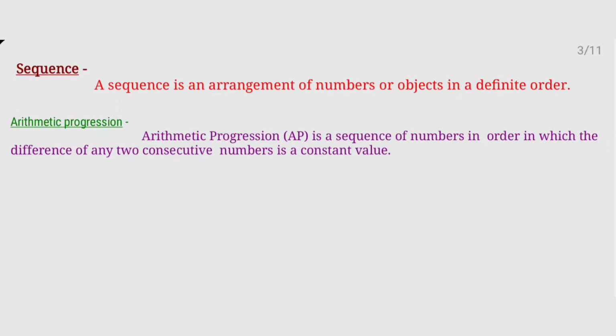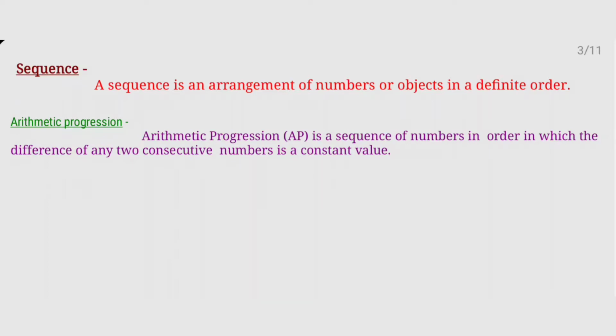Is it clear? So now what is an AP? Arithmetic progression is a sequence of numbers in which the difference of any two consecutive numbers is a constant value. In a sequence, if the difference of any two consecutive numbers is a constant, then that sequence is called an AP.